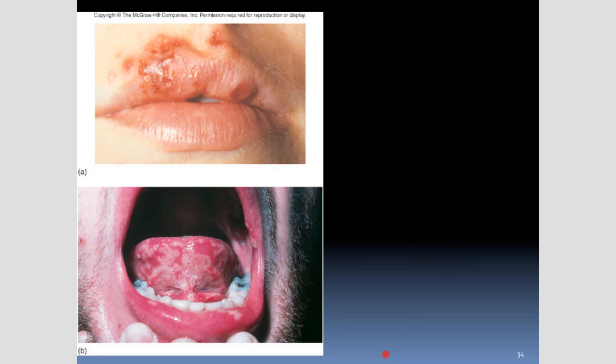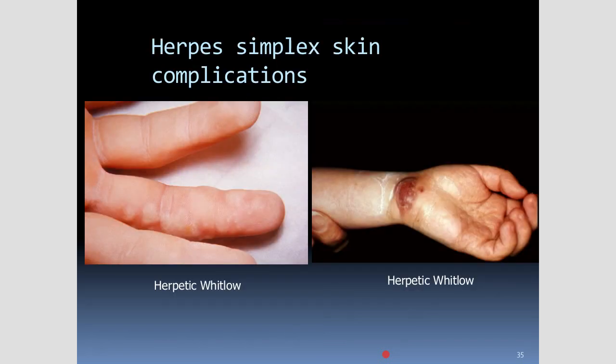Lips, lesions on the tongue, HSV lesions on the tongue. And this is probably a male homosexual. Herpetic vitiligo. So you will see these kinds of things, whitish things. People tend to ignore that. These are little whitish things called herpetic vitiligo that come and go, and they're very painful and very sensitive.